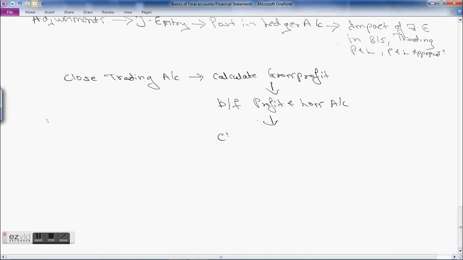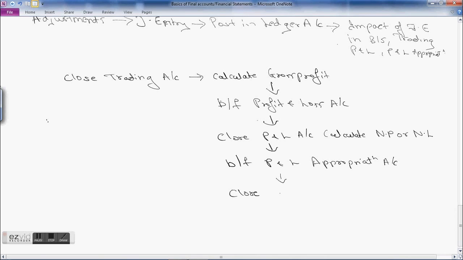Then we need to close the profit and loss account and calculate net profit or net loss. Then this net profit or net loss we need to bring forward to the profit and loss appropriation account.